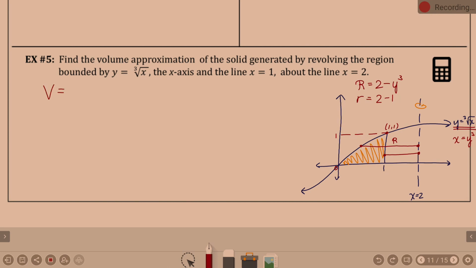Okay, volume is pi times the integral from 0 to 1 of 2 minus y cubed quantity squared minus 2 minus 1, or 1 squared, dy.